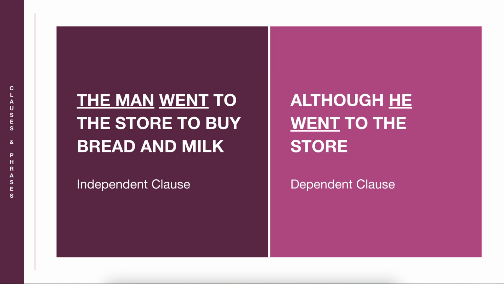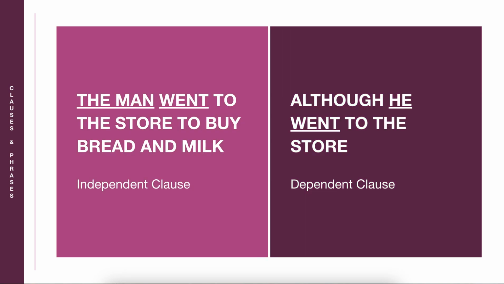That's an independent clause. Our dependent clause, on the other hand, does not make sense on its own. So again, we still have a subject, he, and we still have a verb, went, but it doesn't work independently. If I read this to you, you're going to see what I mean. Although he went to the store.